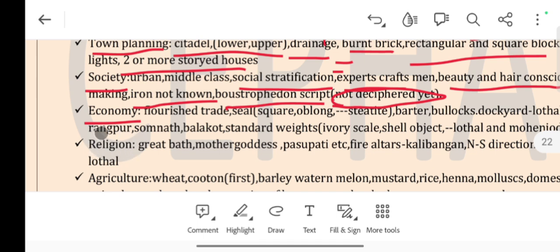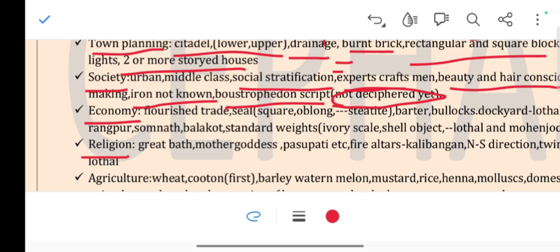Religion is very important. They were very fond of religious purposes, like the Great Bath. At Mohenjo-daro, mother goddess and Pashupati. They also worshipped birds and trees, like the peepal tree, which I mentioned in the previous slides.